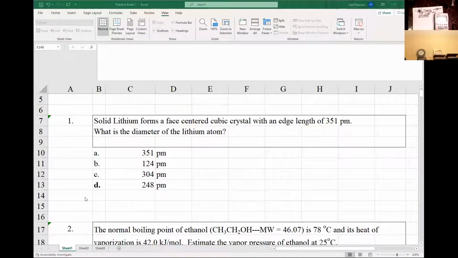So we get 248.19. So 248 picometers is going to be the answer to this problem. So let's go back and see if we got it right. And 248 is D, and that is marked as the correct answer.